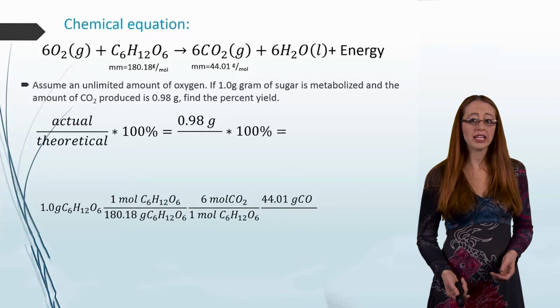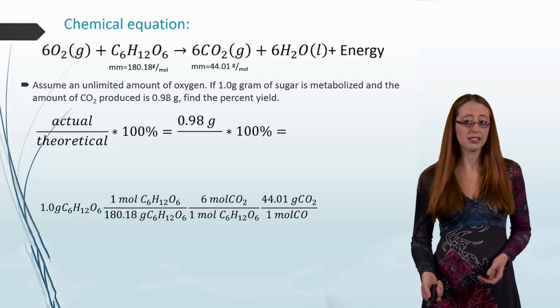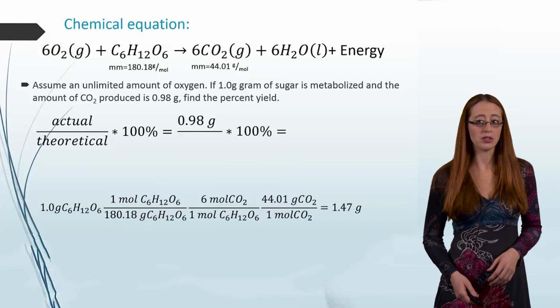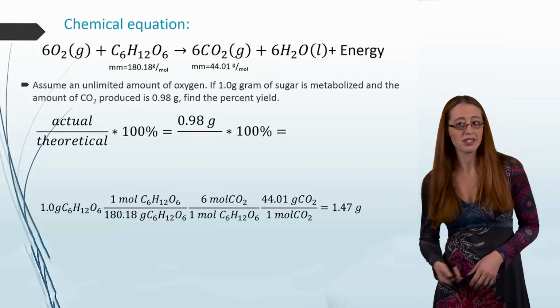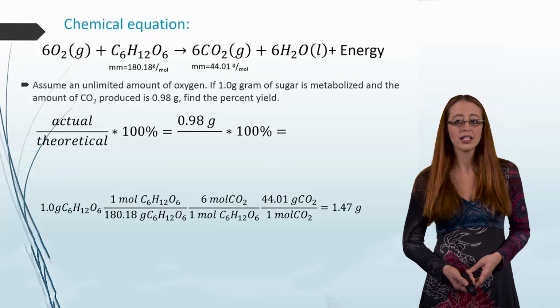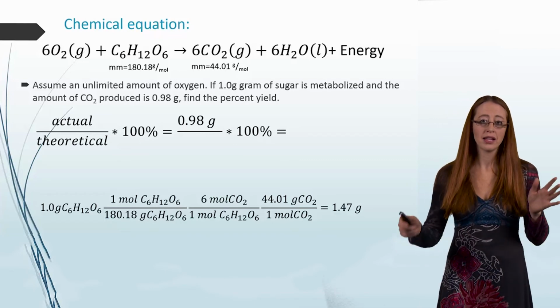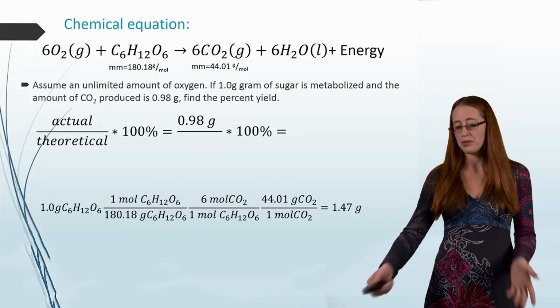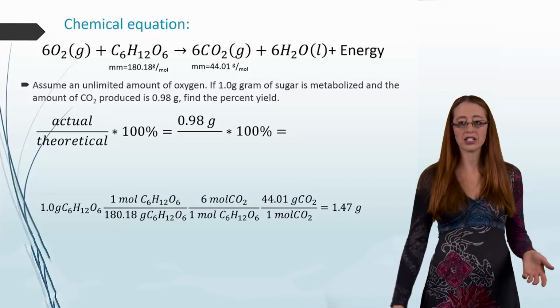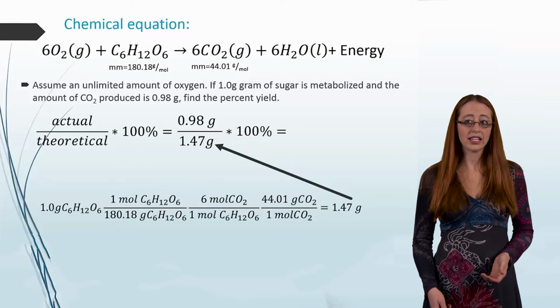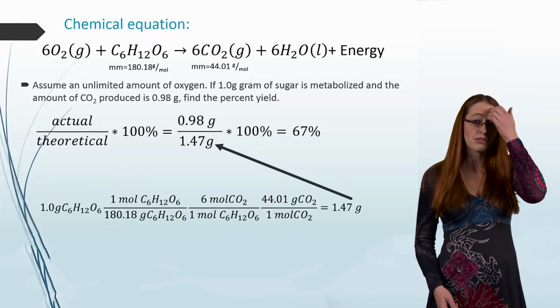And then from there, we can use our grams of carbon dioxide per mole, again from the periodic table, to get to our grams of carbon dioxide. That's how much we'd create if every little bit of this was used up and everything was 100% efficient and there were no side products or no side reactions going on. So this we now fill into here to get our final answer of 67%.